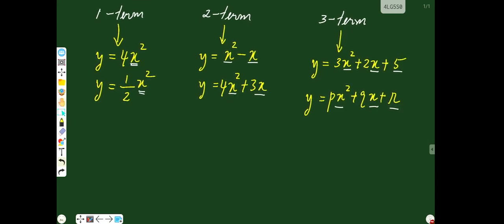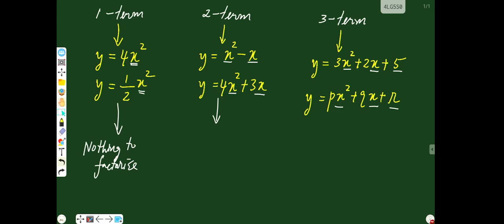Now we have discussed that in the one-term quadratics there is nothing to factorize. So what do you mean by factorize? Taking the common things out, or simplifying the term into a simpler level. Two-term quadratics: how to factorize them?